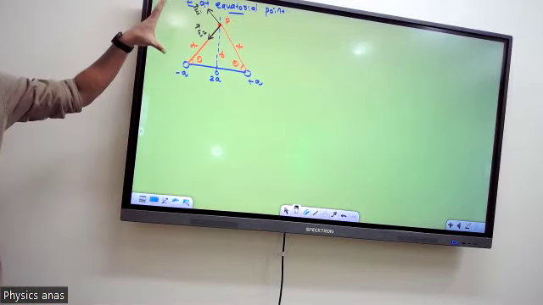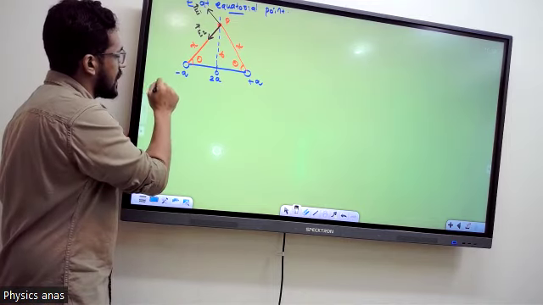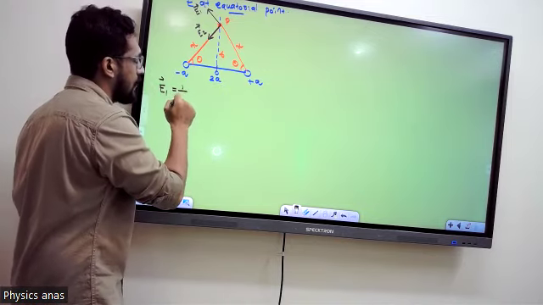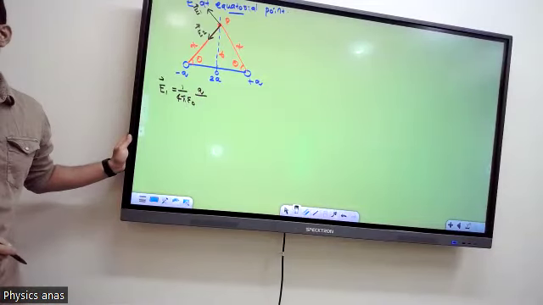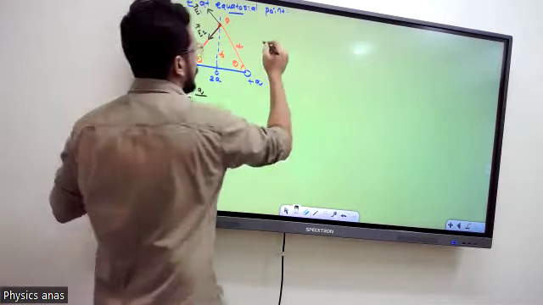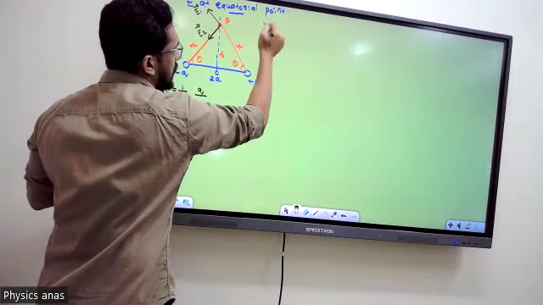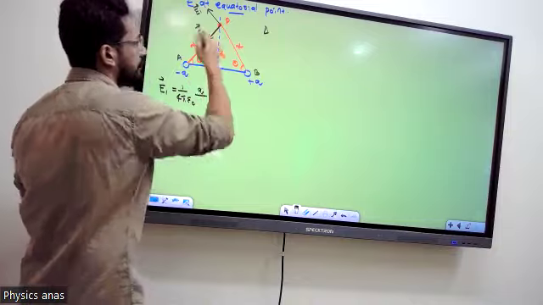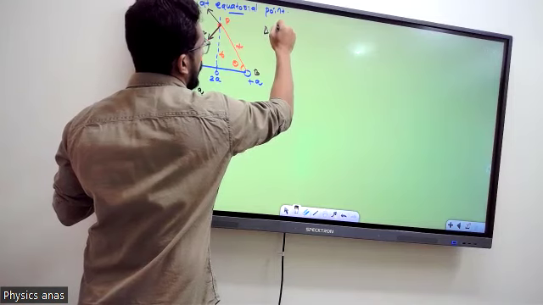Did you understand this one? E1 and E2. Now let's write the equation for E1 and E2. What is E1? 1 by 4 pi epsilon naught, charge divided by distance square. What is the distance here? That's x, so you have to take x square. How can you find x square? You can take this triangle OPB.